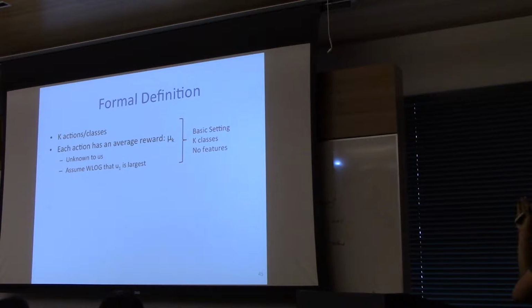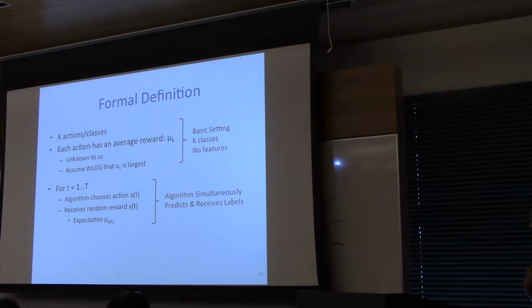Each action has an average reward, for example the average quality of a random article in sports, so every action k has an average reward. This is unknown to us because this is the user's private reward. We need to learn this from user feedback. And we'll assume without loss of generality that the K classes are sorted so that the first class has the largest reward.